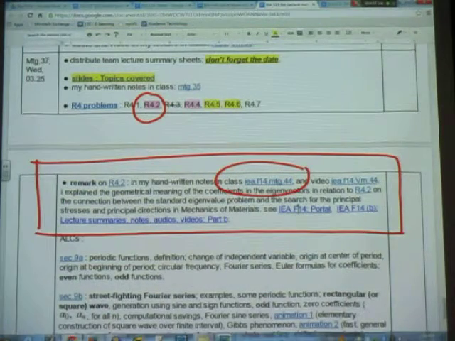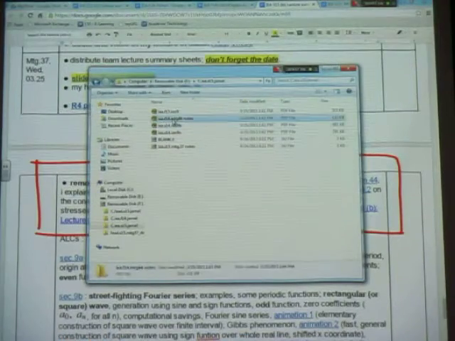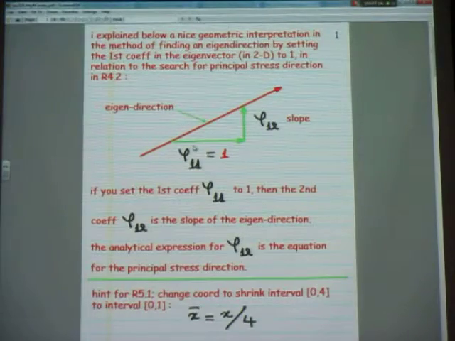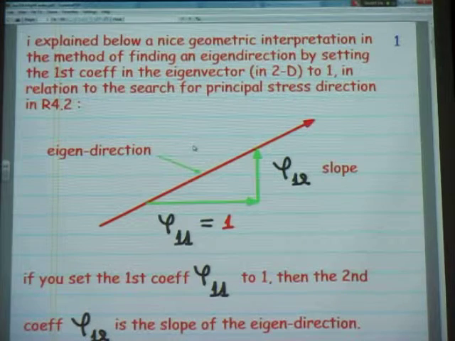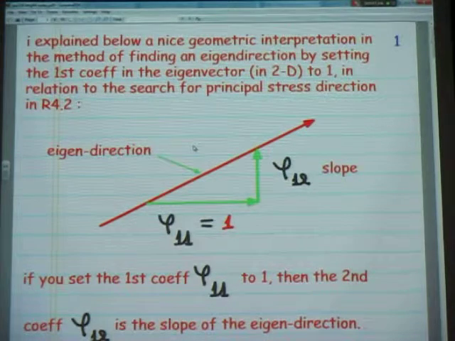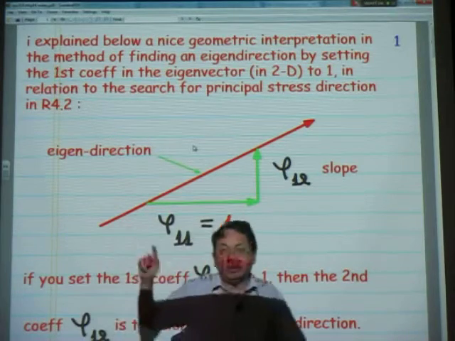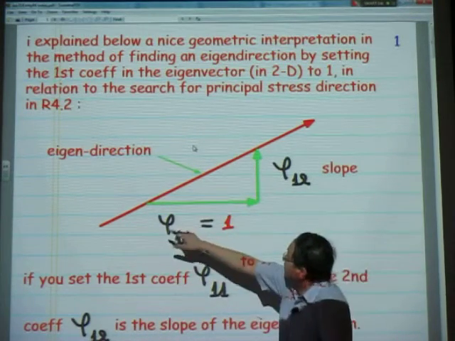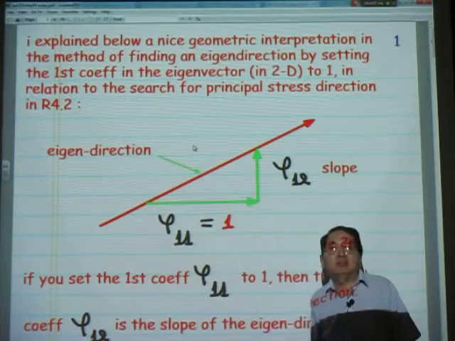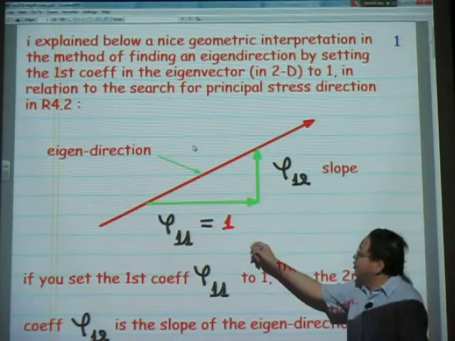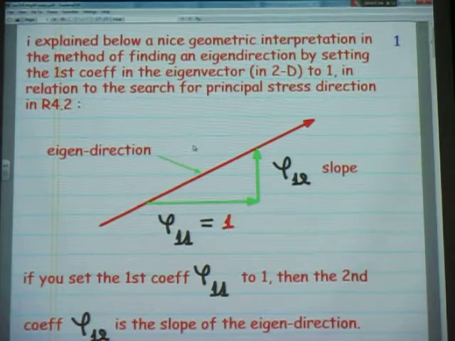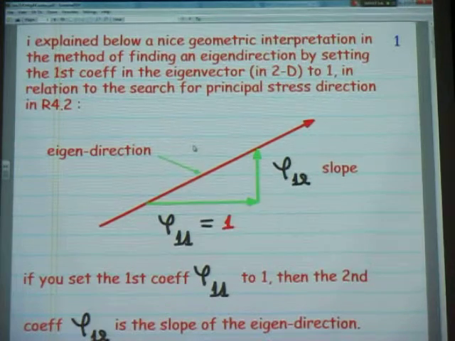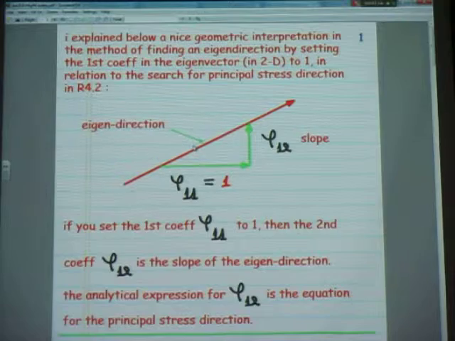So here are my handwritten notes with annotation that I added after class, meeting 44 last semester. So think of this as the eigendirection, right? And when you set the first coefficient, maybe I would have written somewhere. Let me zoom out to check. Maybe not.